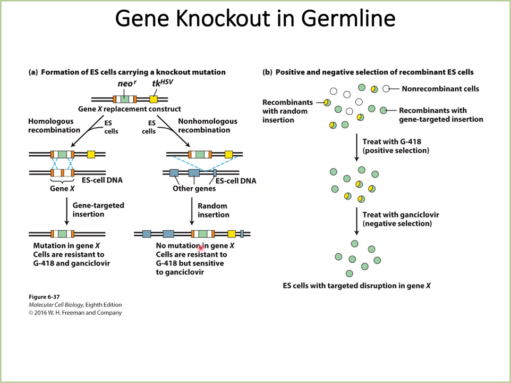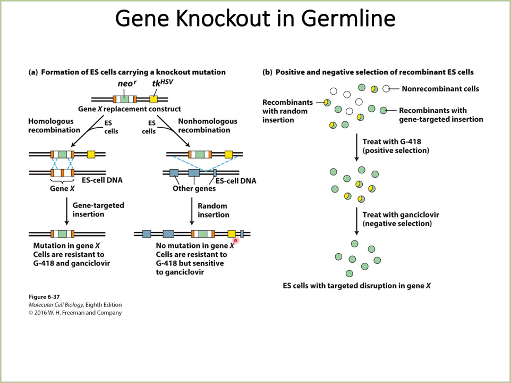On the other hand, suppose in embryonic stem cells you have a non-homologous recombination. You have a gene, and somehow this thymidine kinase gene has been inserted somewhere. So with non-homologous recombination, you have the neomycin gene right here, as well as the thymidine kinase gene.